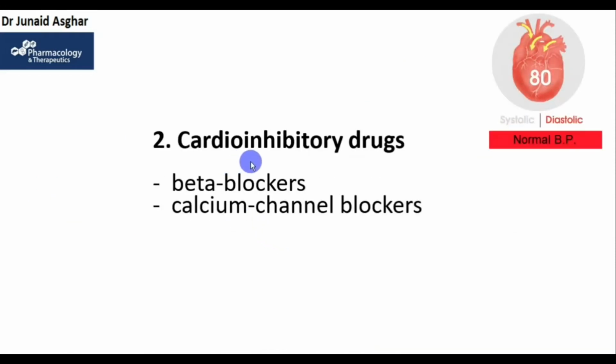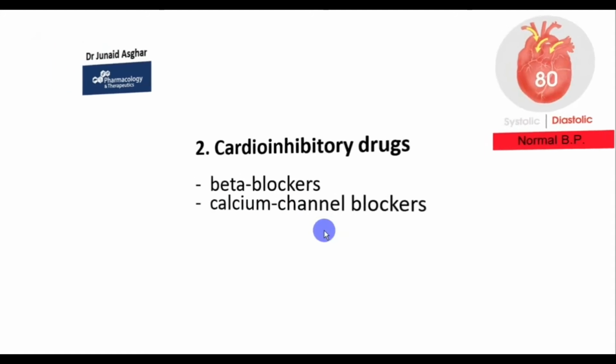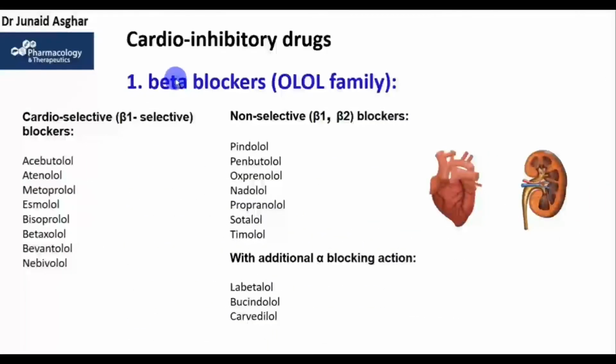The next class of antihypertensive agents is cardio-inhibitory drugs, which include beta blockers and calcium channel blockers. So beta blockers are also known as the OLOLs, or this is an OLOL family, because these drugs end with a unique OLOL sound.